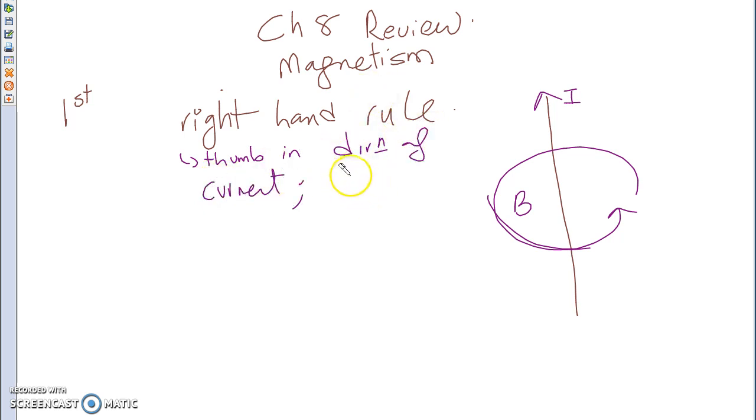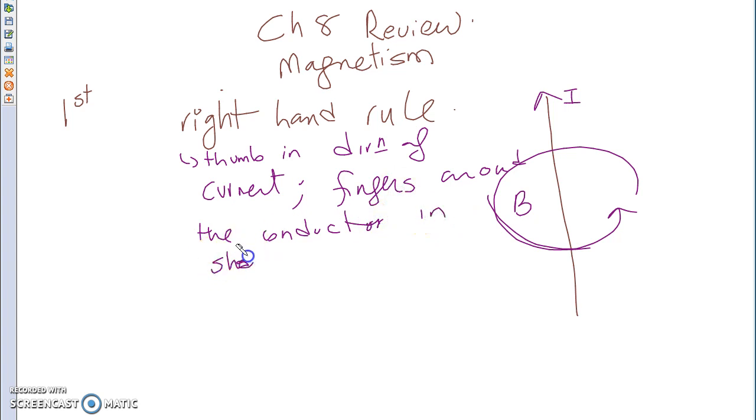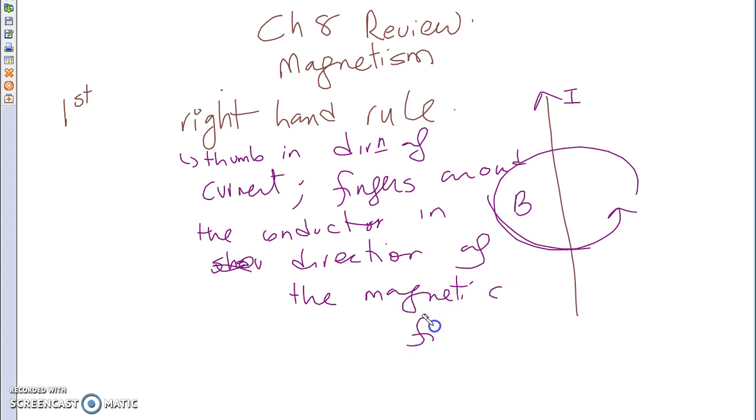And your fingers around the conductor in the direction, or showing, of the magnetic field. Okay, so that was the first right hand rule.